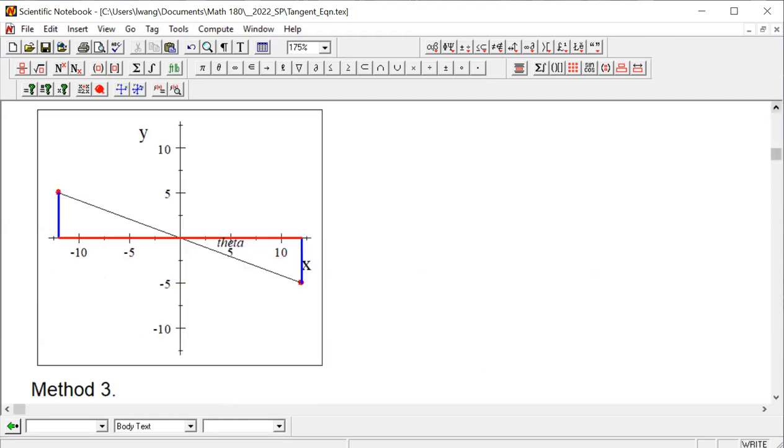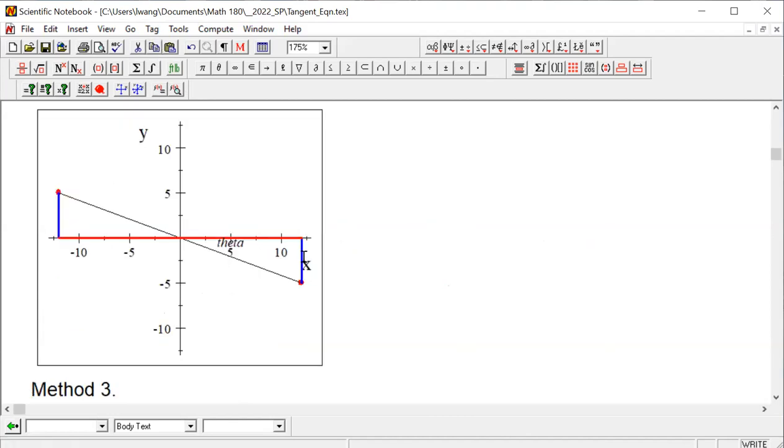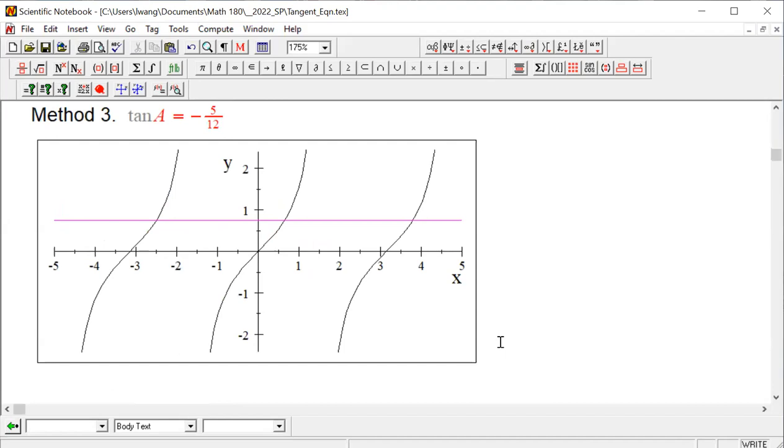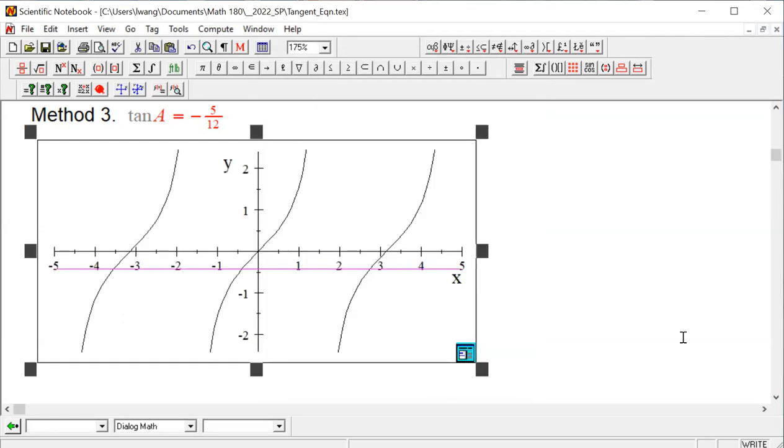So our question here is tangent equals -5/12. You just draw a horizontal line, and that horizontal line is y equals -5/12. There you go.